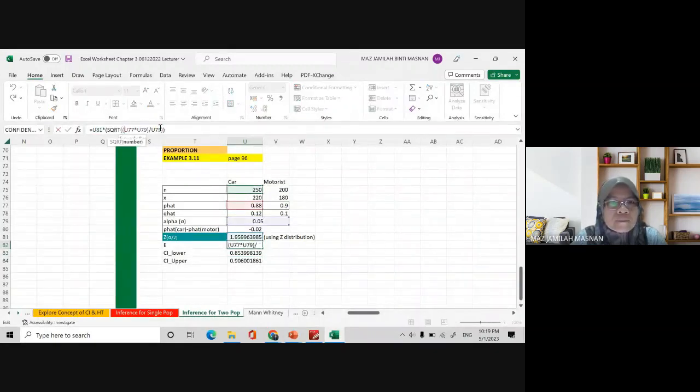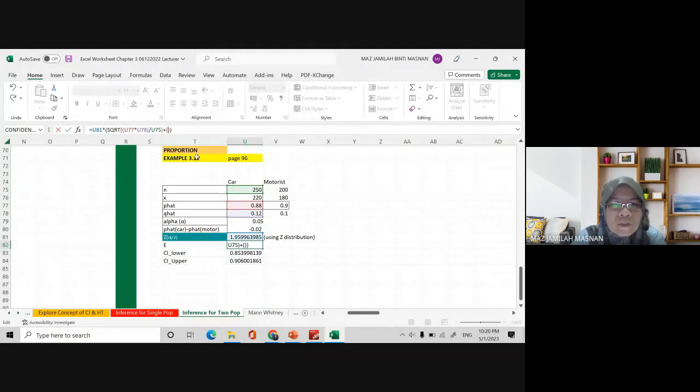Okay, it should be the square root of P hat Q hat. So P hat multiplied with Q hat. The Q hat should be this one divided by the, okay, good for the first one. And then for the second term, plus bracket.